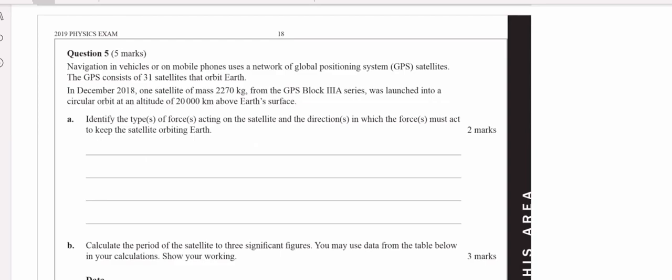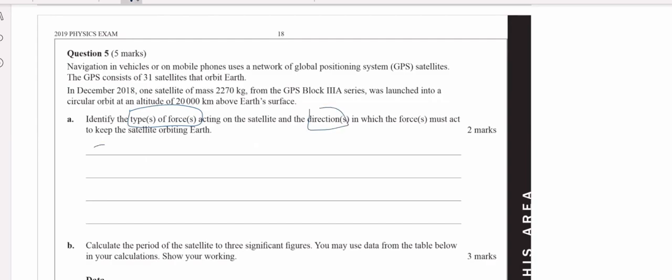GPS consists of 31 satellites that orbit Earth. One satellite of mass 2,270 kilograms is launched into circular orbit at an altitude of 2,000 kilometers above Earth's surface. State the types of forces and the direction.